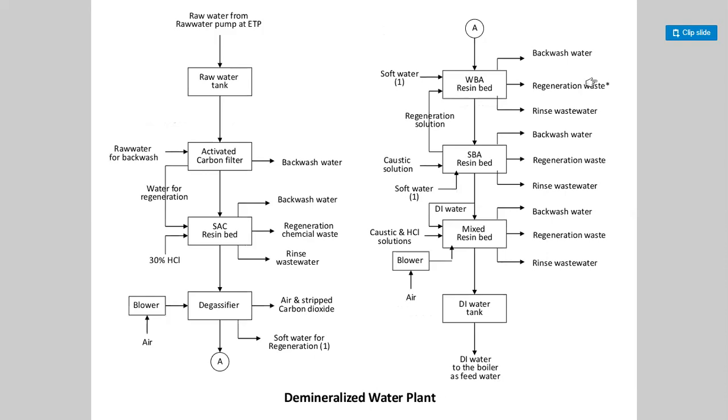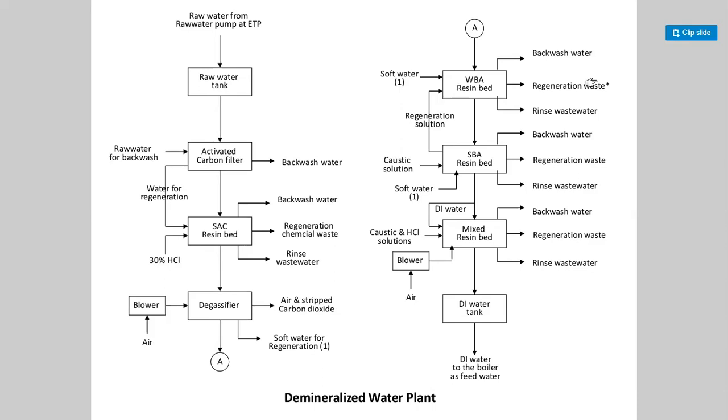Here, guys, the demineralized water plant. Raw water pump at ETP, raw water tank to activated carbon filter, then raw water for brackish water, and water for regeneration to SAC resin bed. Here again, resin bed, brackish water, regeneration chemical waste, and rinse wastewater.